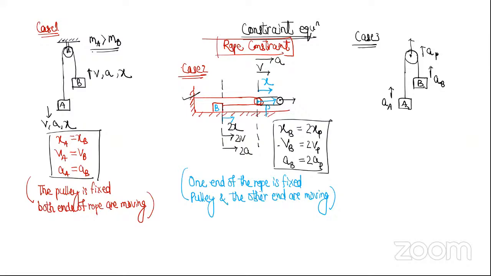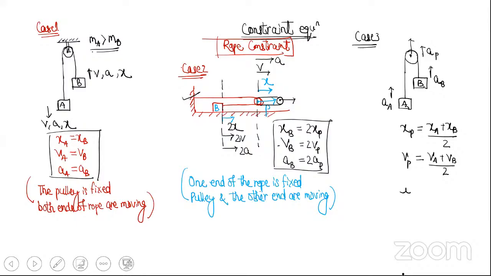So here you will find, if you're talking of displacement, then pulley का जो displacement होगा, that will be XA plus XB by 2. Velocity, तो pulley का जो velocity होगा, velocity of A plus velocity of B by 2. पुली का जो एक्सेलरेशन होगा, it is acceleration of A plus acceleration of B by 2.